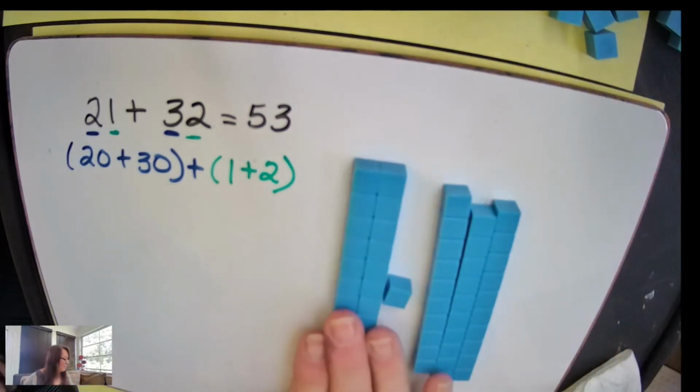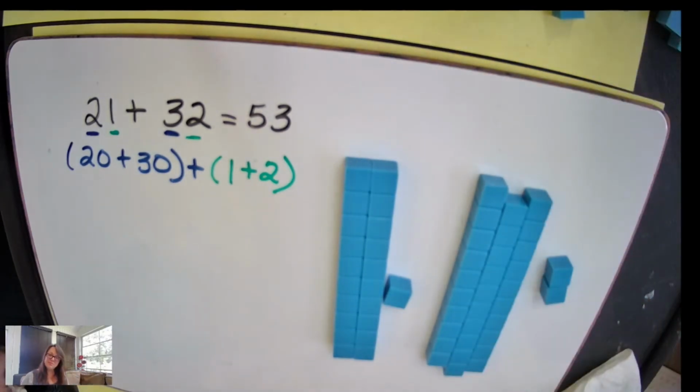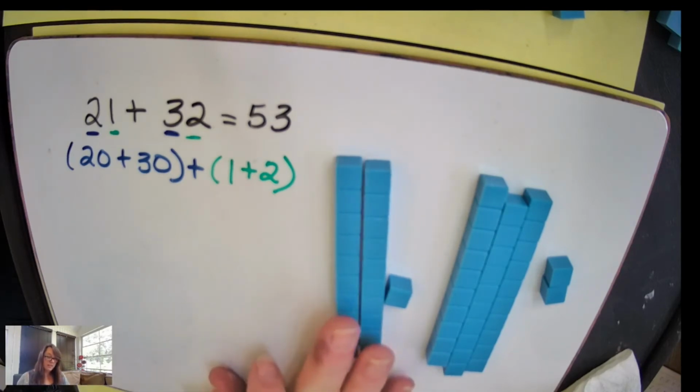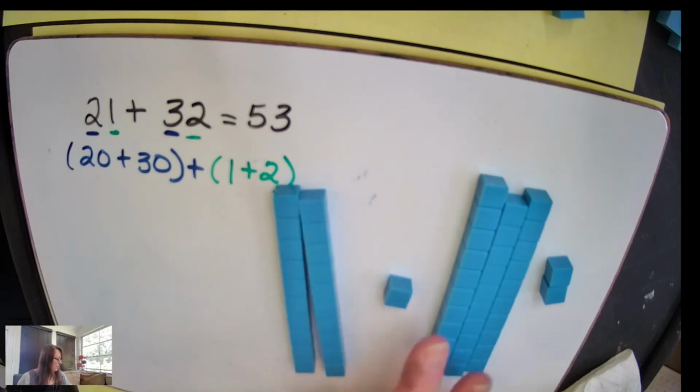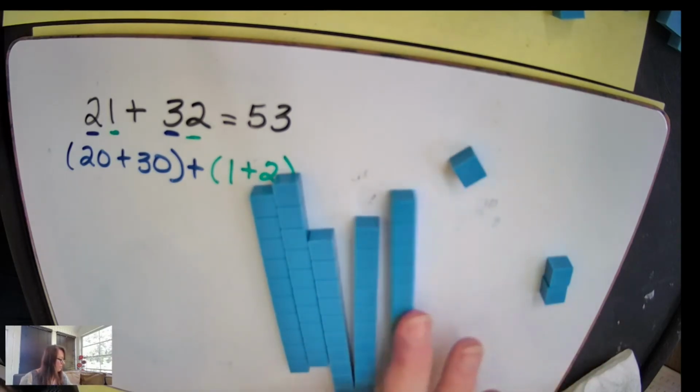Now, we just need to combine the tens and the ones. 20 plus 30 is 10, 20, 30, 40, 50.